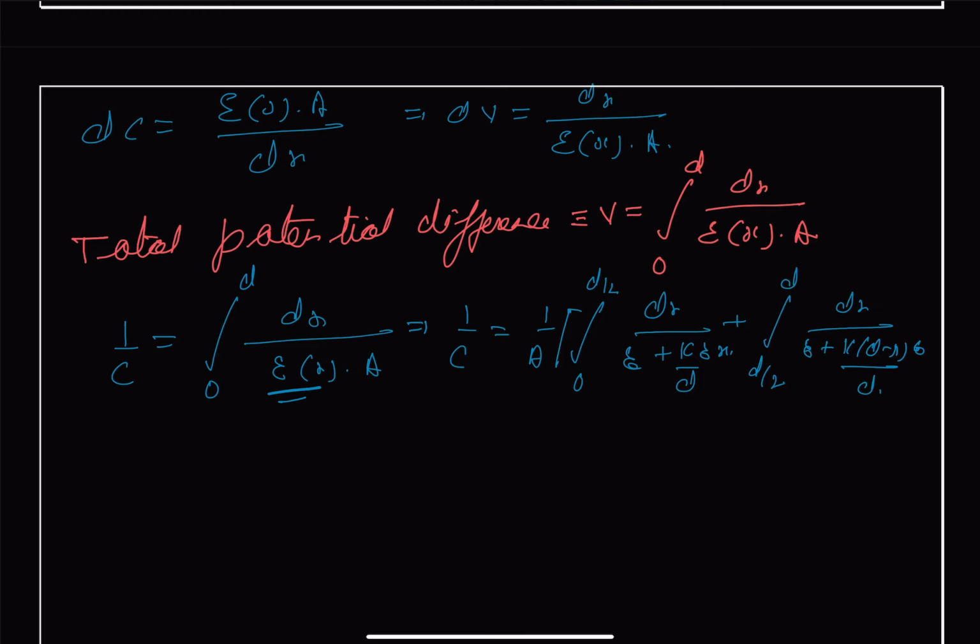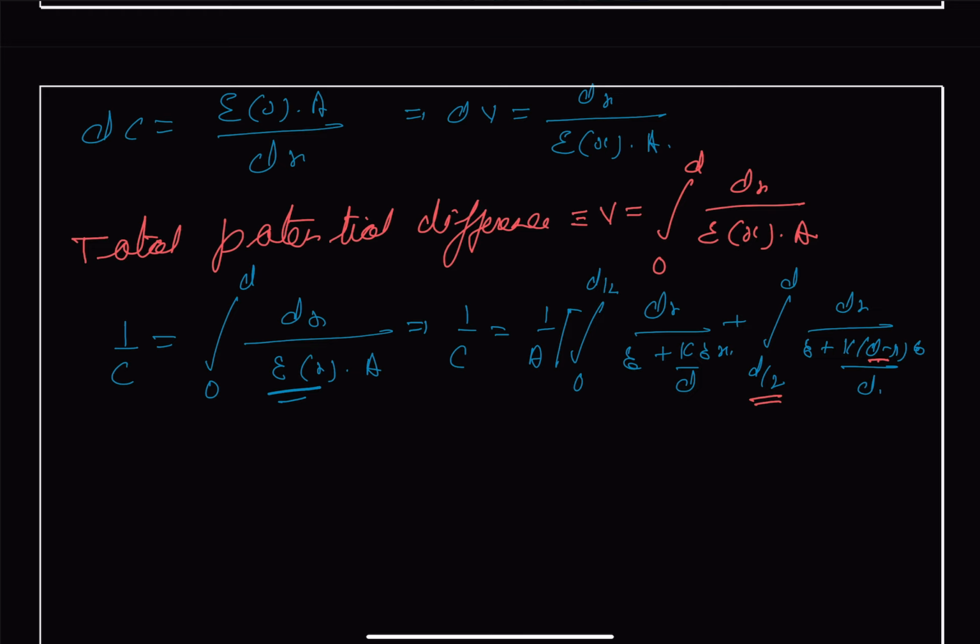So we can just integrate it. Both integrations will come out the same, because in one part it is d minus x, so the value at x equal to d gives 0, and at the other limit d by 2, d minus d by 2 gives once again d by 2, which is the same as the first part.